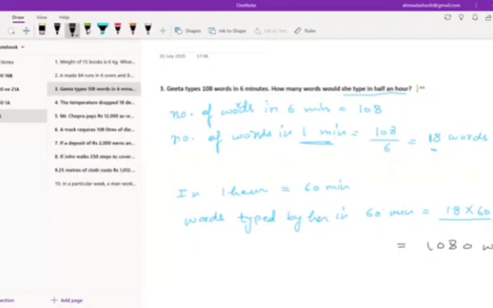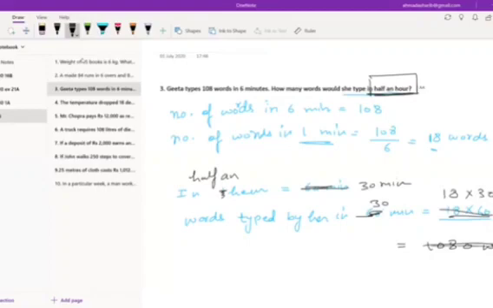Okay, fine. The question is asking half an hour. Half an hour is equal to 30 minutes. So we have to find words in 30 minutes. So in 30 minutes, we have to multiply 18 by 30.